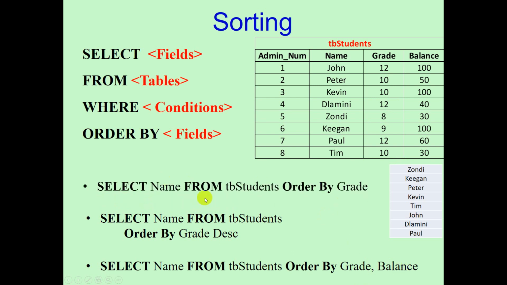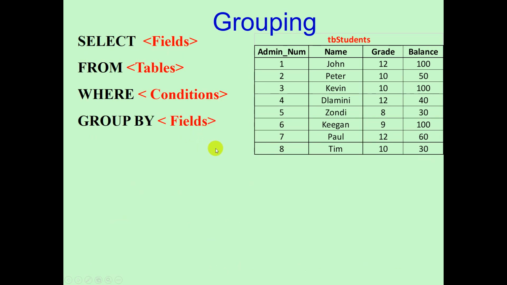And you'll notice I forgot the first one, it came up now. Select name from table students, order by grade. This will sort the table according to grade in ascending order because there's no DESC. So it's a simple sort. All we have to do is order by whatever field we want to sort by.